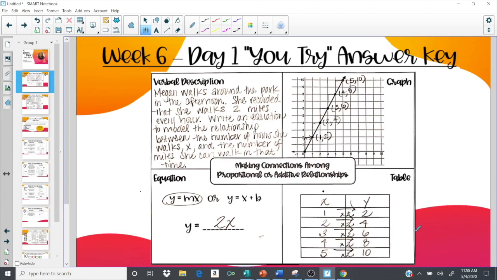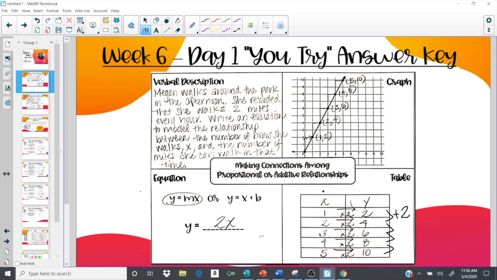And there's a second way to find the slope from a table. You can find the change in y over the change in x. Therefore, you're going to look at your y values and determine how they are changing. So to go from 2 to 4, I know I must add 2.